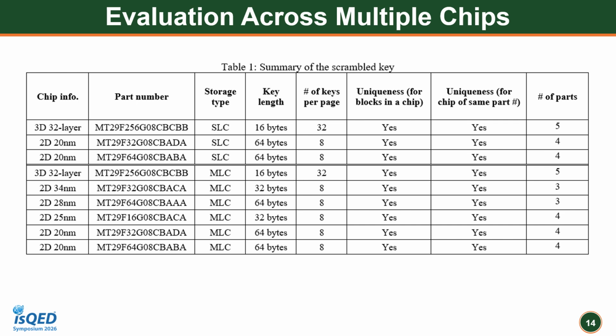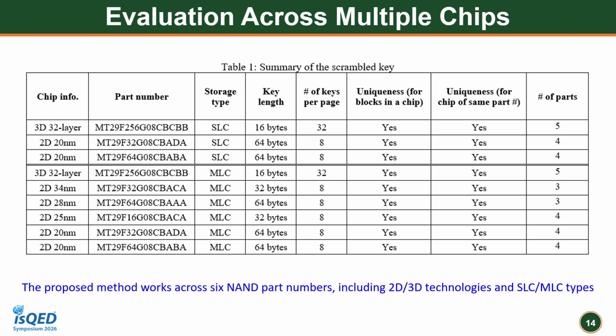We found that all the unique properties I discussed in the previous slides hold, and all the chips show the same uniqueness. The last column is the number of parts that we evaluate in this paper. We conclude that our technique works across 6 different NAND part numbers, including 2D and 3D technologies, as well as SLC and MLC storage types.